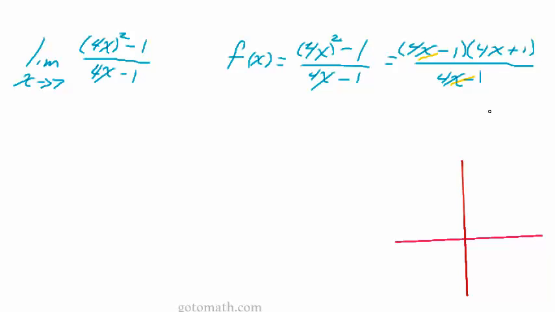It has a y-intercept. We'll say that this is 1 right here. It's just a straight line that crosses the y-axis there. And we're going to say down here that this is 1/4, for a good reason. And then I'm going to put a missing point right here in the graph, because that's where it's undefined.